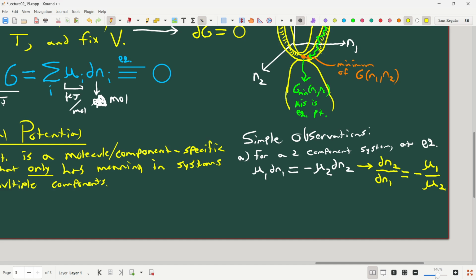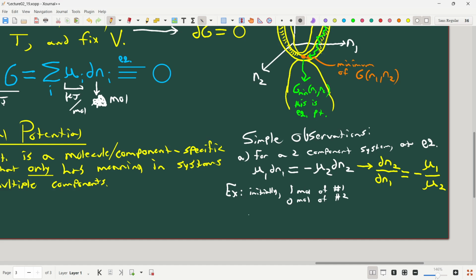Let's start over again. Let me just write it down so I don't get confused. Let's just do a simple example. Let's say initially 1 mole of number 1 and 0 mole of number 2.